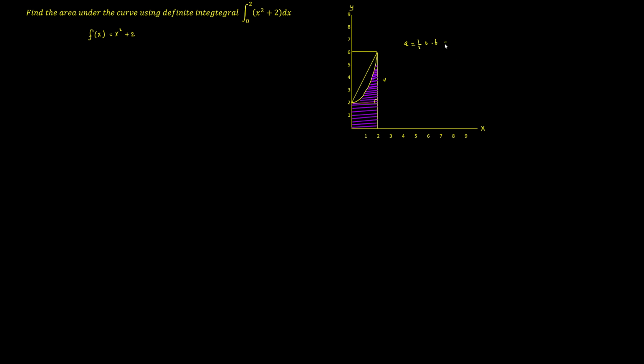Sorry, this one should be height. If we substitute the values, it's going to be 1/2 times the base, which is 2, times the height, which is 4.